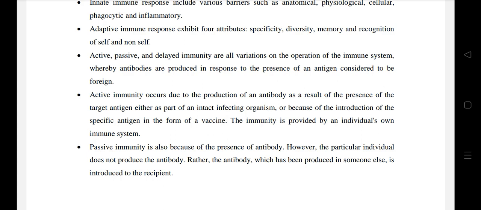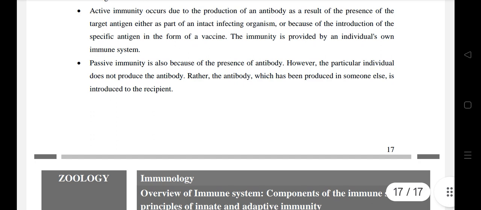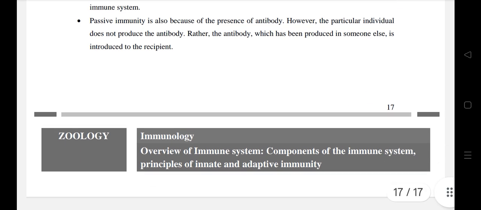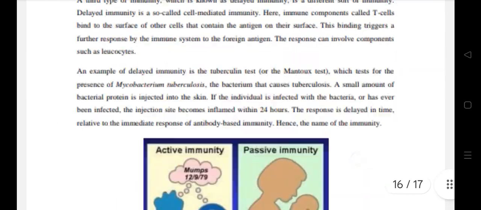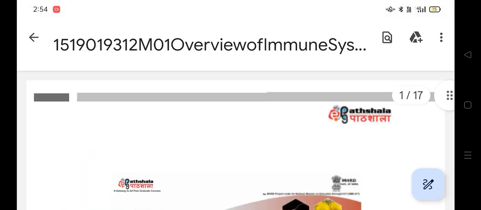The immunity is provided by an individual's own immune system. Passive immunity is also because of the presence of antibody. However, the particular individual does not produce the antibody; rather, the antibody which has been produced in someone else is introduced into the recipient.